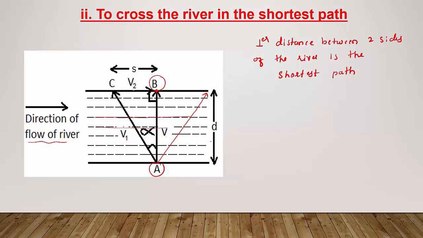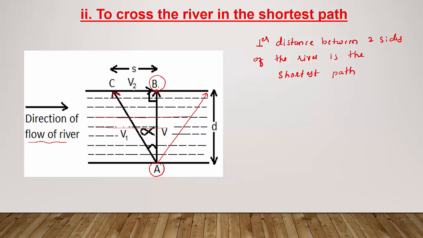Therefore, the swimmer must swim upstream. Instead of heading straight, he has to swim in the upstream direction so that he will come to point B. Is it clear? The shortest distance is A to B. That is the perpendicular distance between two sides of the river. But the river is flowing from left to right.